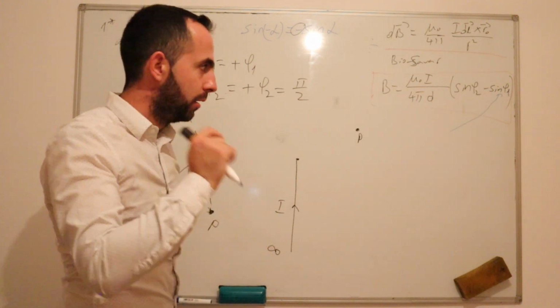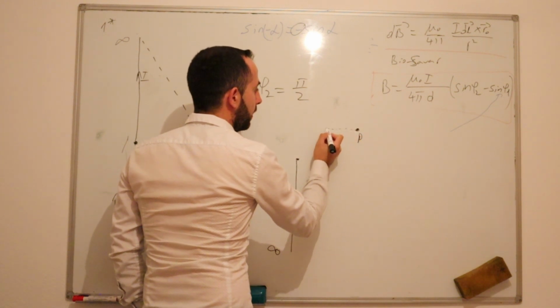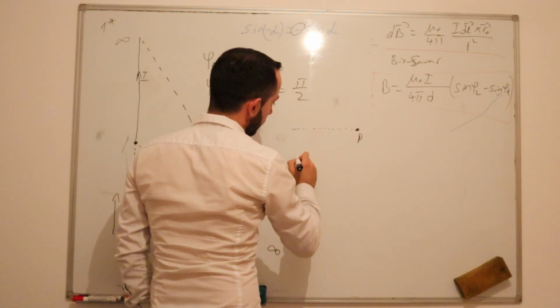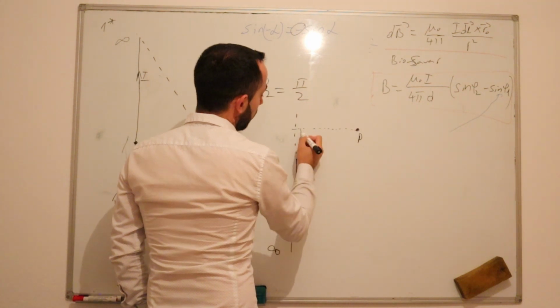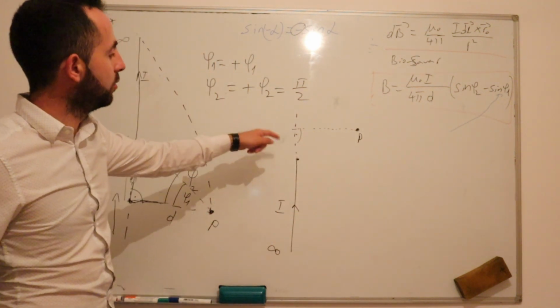Once again, I already told you, we must draw this distance in such a way that it is normal to the conductor. We will imagine that this is the conductor, this is the normal.